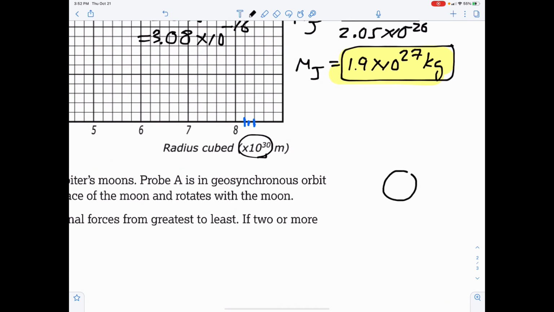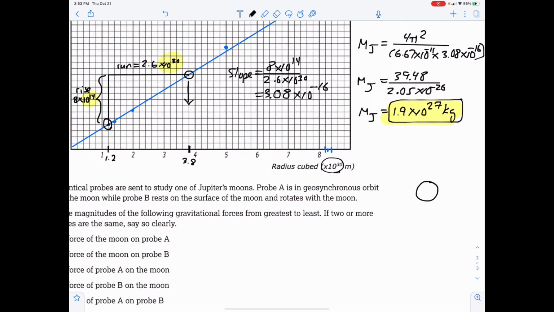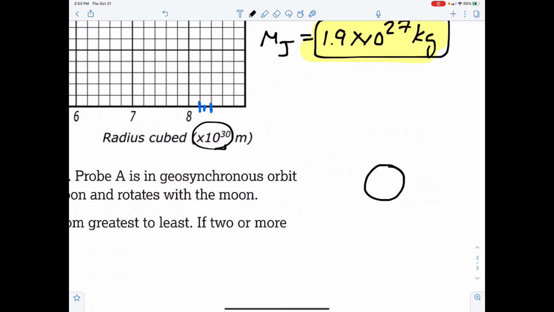Here's the moon, and as the moon rotates, this spins. This revolves. So what this tells you is that if I have a position here where the probe is right above that position on the moon, when the moon is rotated to this position here, the probe will be right overhead.